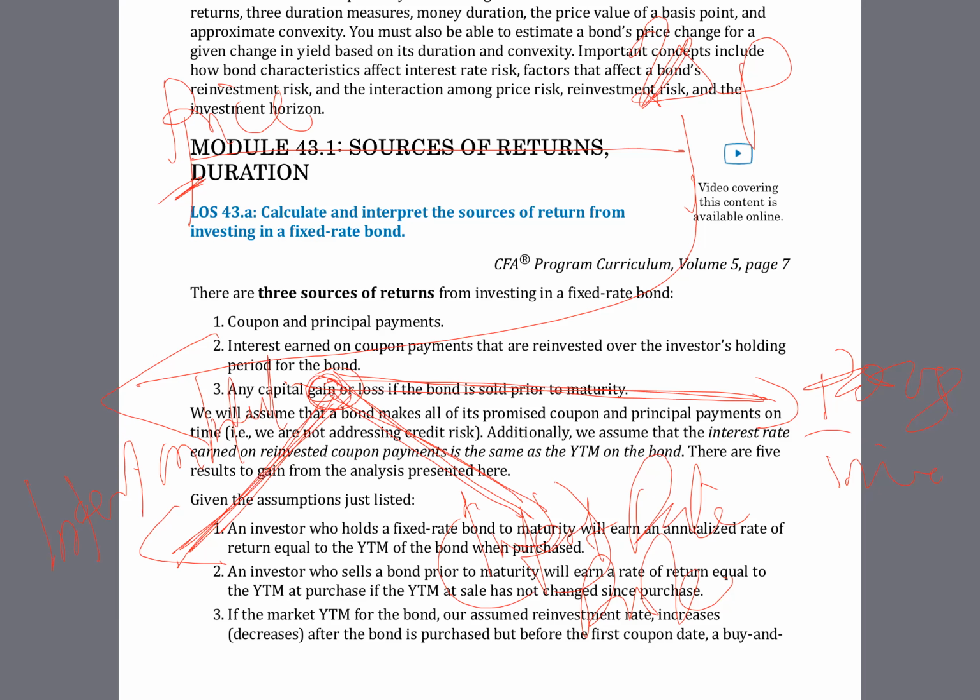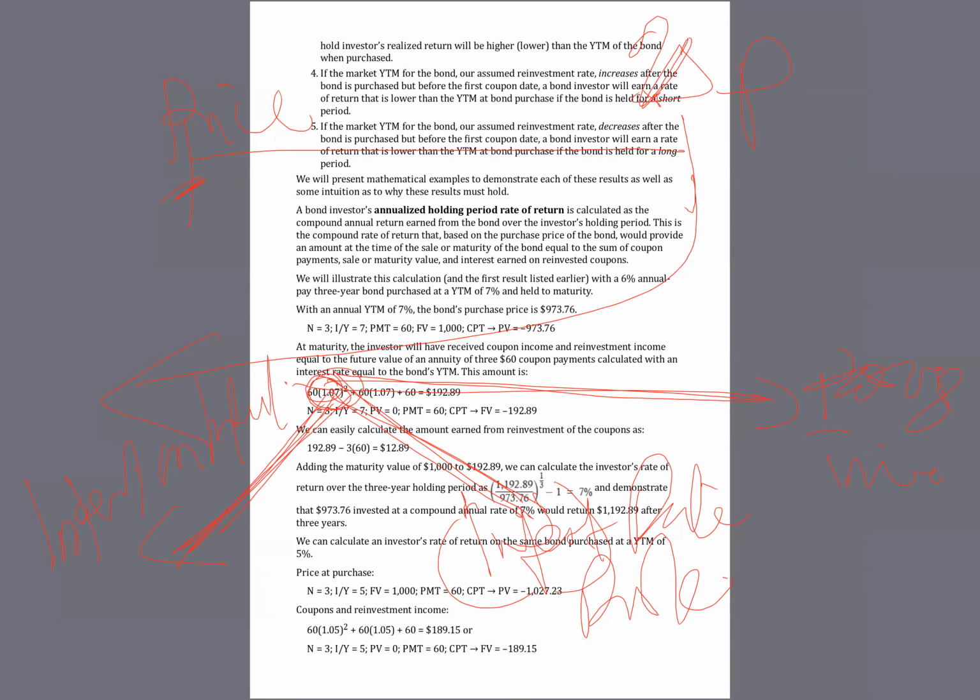The third one is that if the market yield for the bond, which is our assumed reinvestment rate, increases or decreases, then what happened? This is where they want to test and see whether you understand these statements, because the calculations are here. So I believe that a lot of us understand what these calculations are, but the intuition is simple.